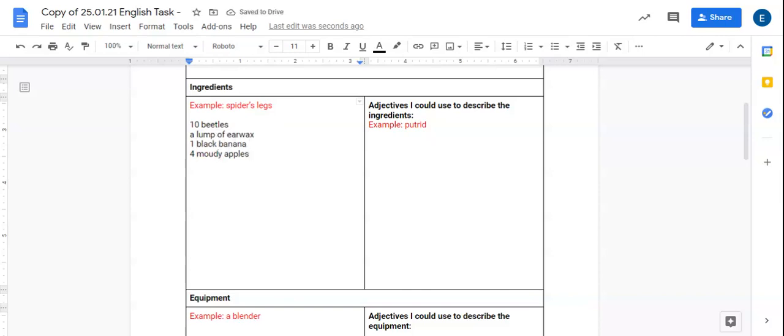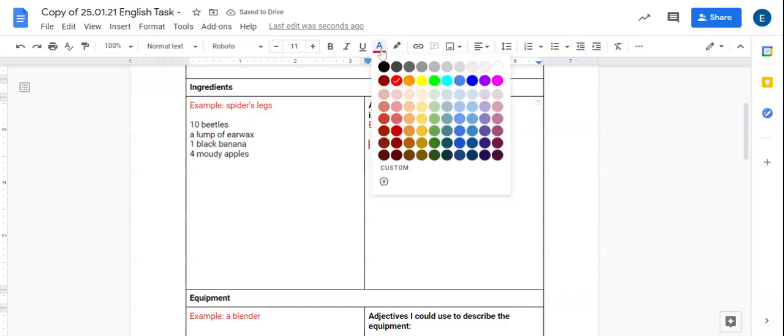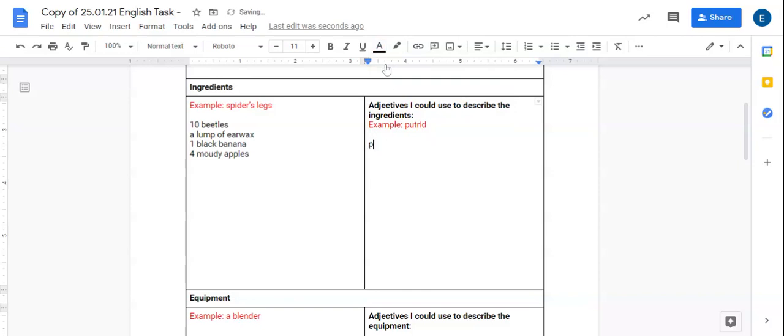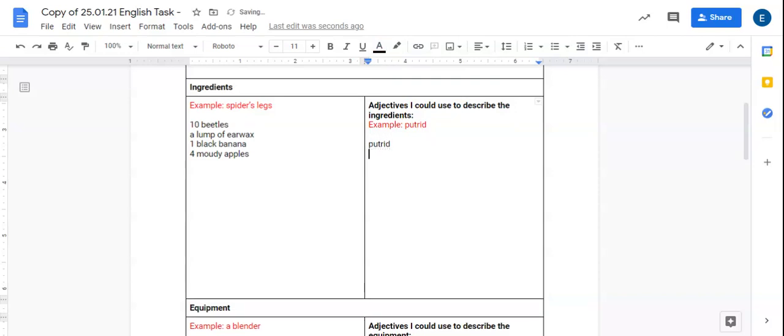Okay, moldy apples. So then I need to think of some adjectives that I could include. So remember, we've had a look at some more exciting adjectives. So try to get some of these in here on your plan. So I am going to use putrid, which is the example. So that means disgusting. Okay, I could use sickening.